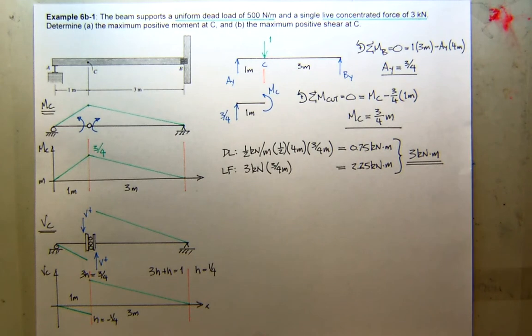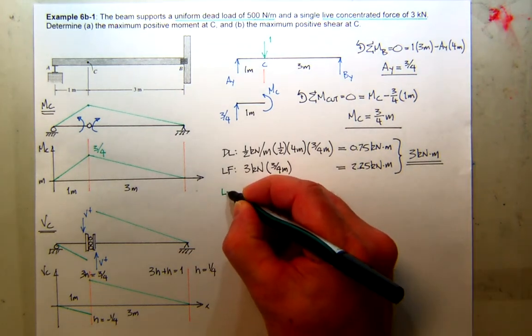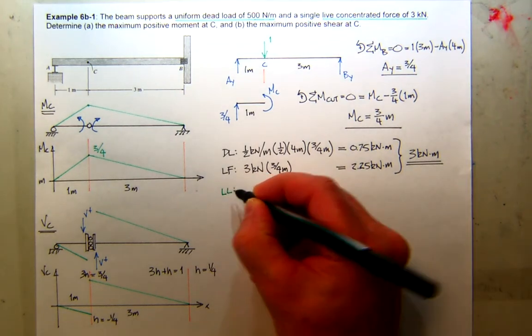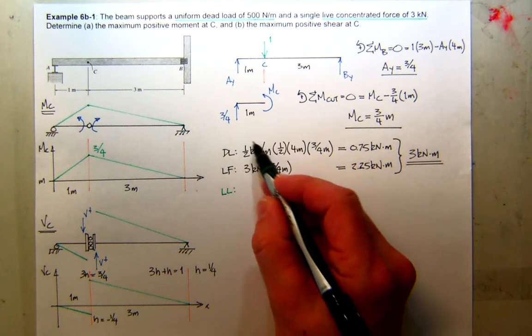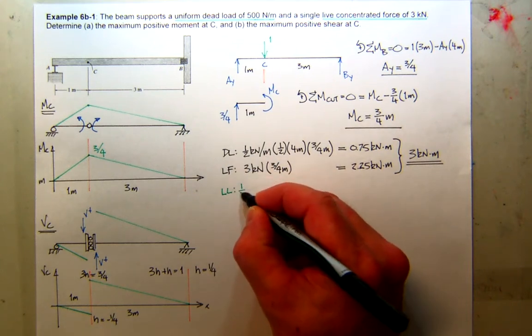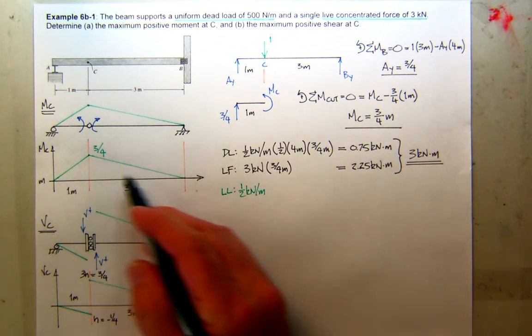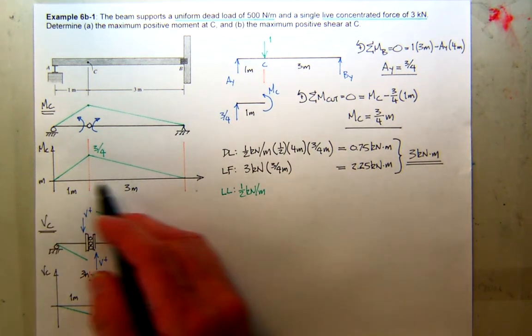What if I threw a live uniform load in there? Not in the problem, but I'll do it now. What if I had a live load, and let's say it's the same value as before, 1/2 kilonewtons per meter. Where do I put the live uniform load to create the maximum moment?